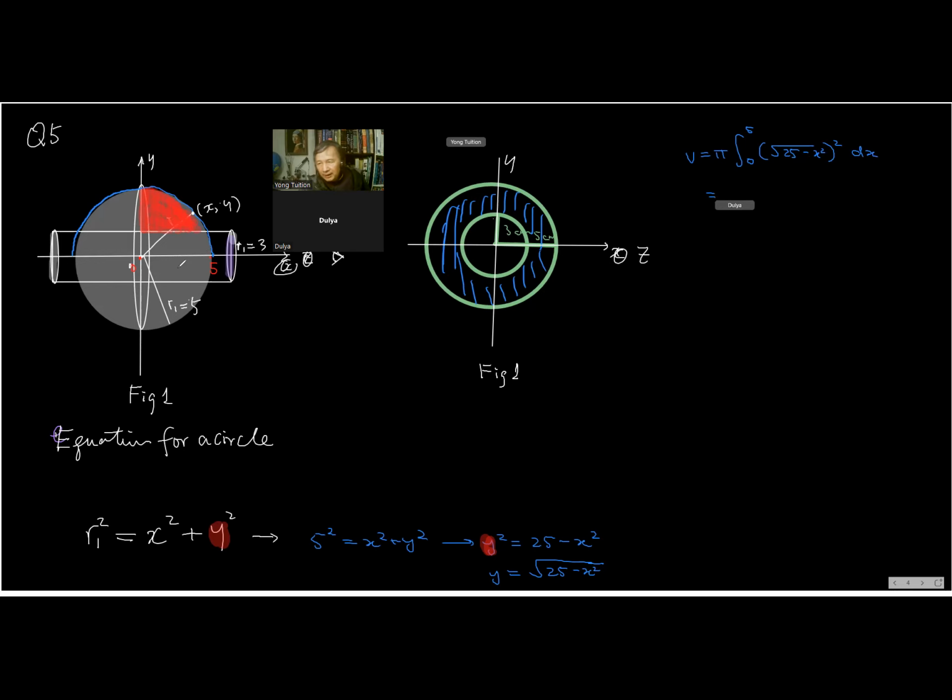That is a sphere, right? The volume of a sphere. We need to cut off another cylinder. What can we do?